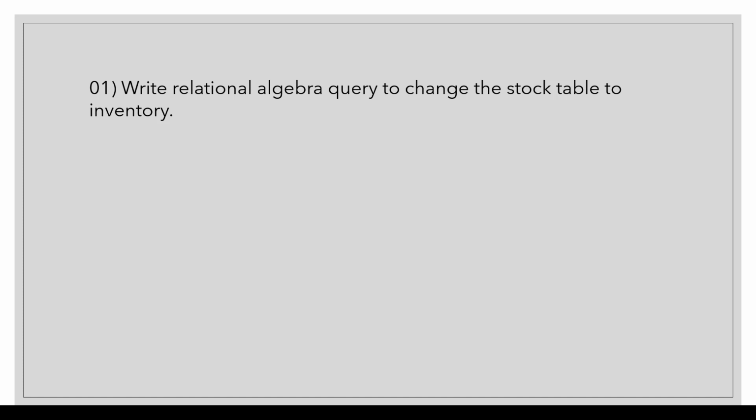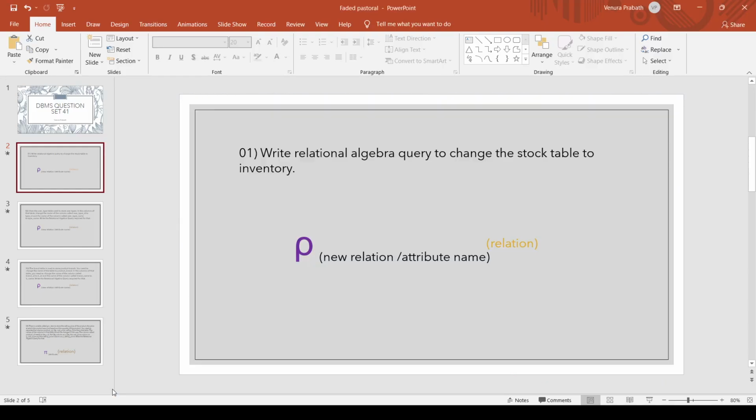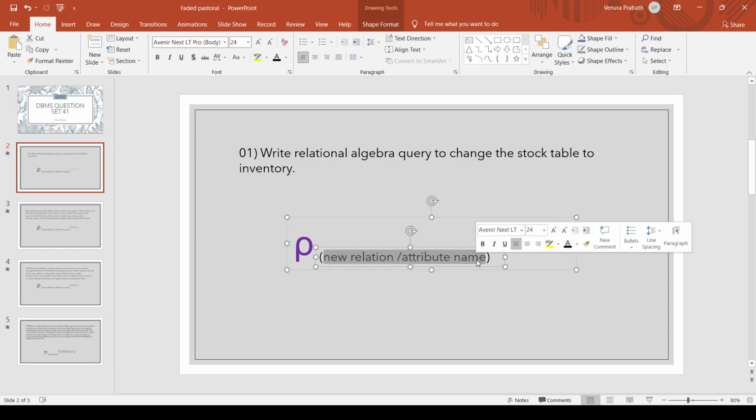The symbol is the Greek symbol rho, and this is the syntax for that query. Let's see how we are going to do that. In this area we have to mention the new attribute name or the relation name.